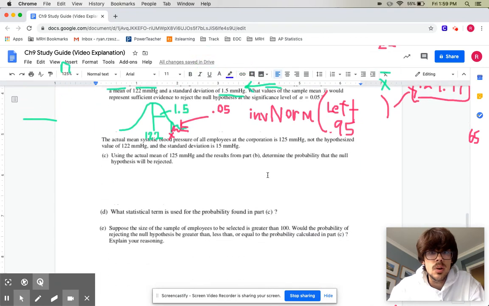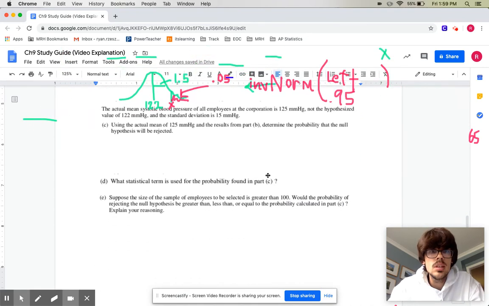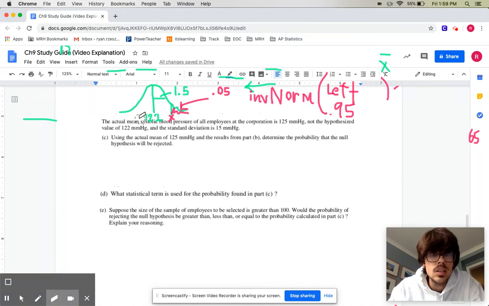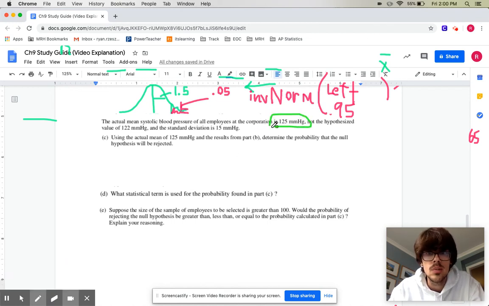Let's go on to part C right here. Using the actual mean of 125, the results from part B, determine the probability that the null hypothesis will be rejected. And this is assuming, like they're talking about right here, in the company, the blood pressure is actually an average of 125.